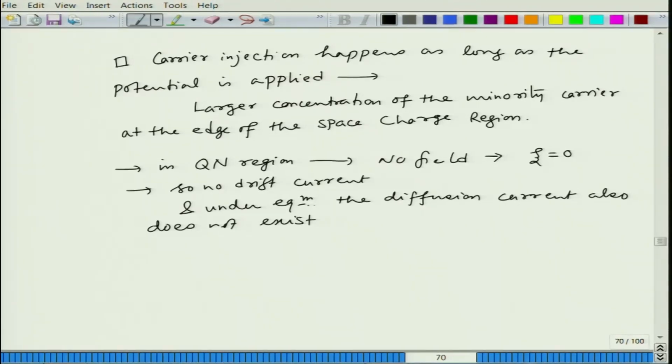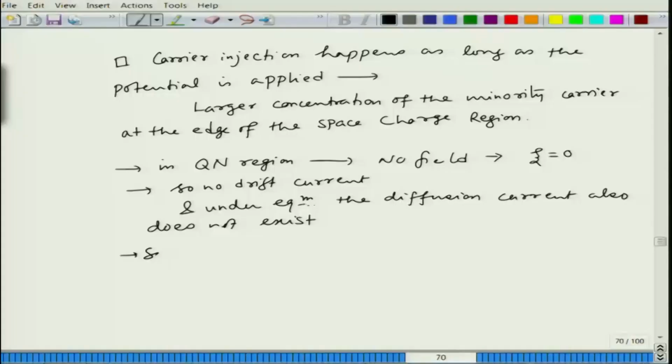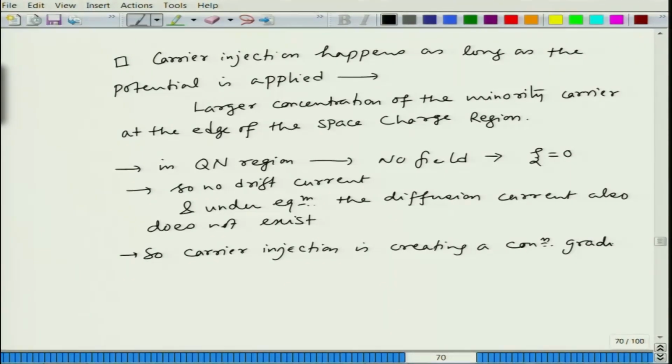Under equilibrium it does not, but once you increase the space charge region edge concentration, there is a gradient that you are creating. So, the carrier injection is creating a concentration gradient in the quasi neutral region, because at one edge you have altered the concentration.